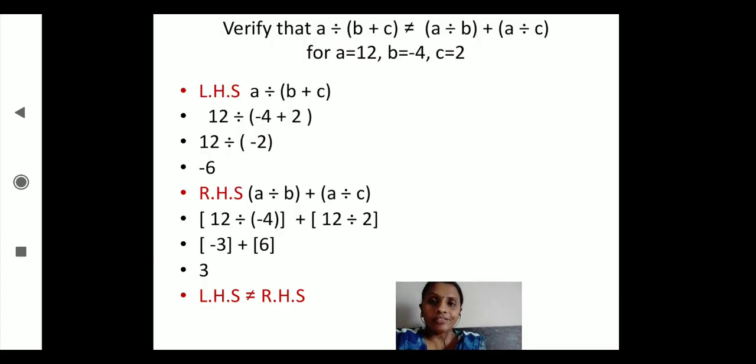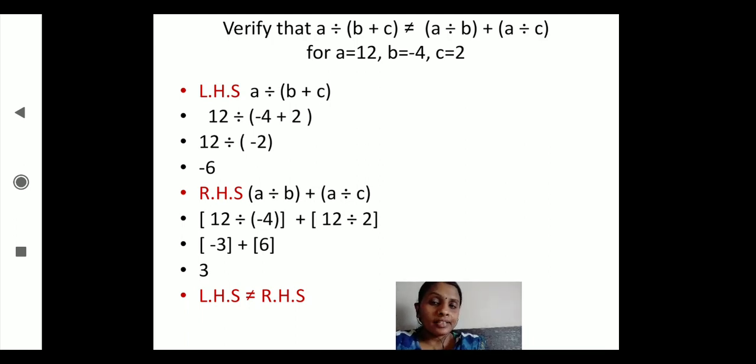Now you have to verify that a divided by (b + c) is not equal to (a divided by b) + (a divided by c). Do you know what this is? We have discussed this in the previous video lecture. It is the distributive property of division of integers. We discussed it in the previous lecture.